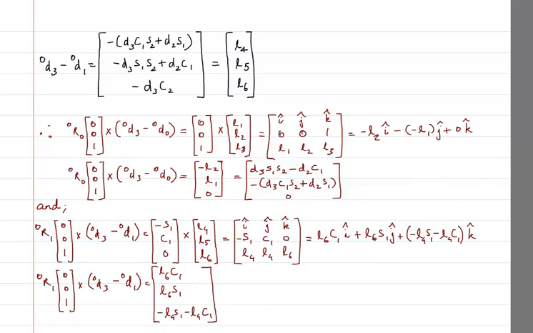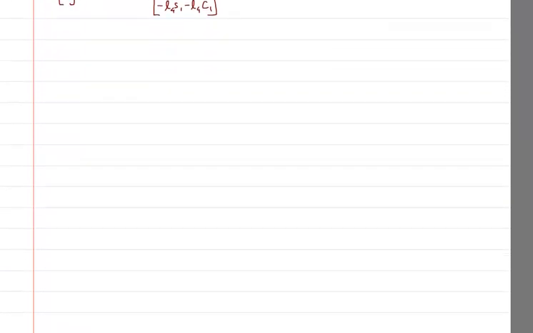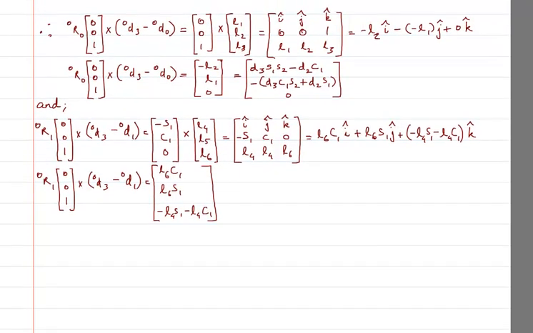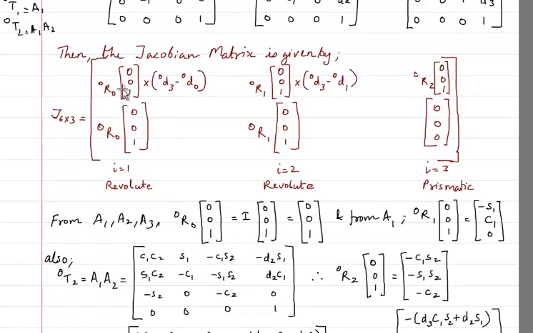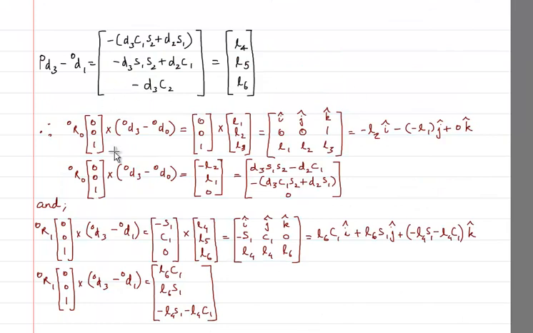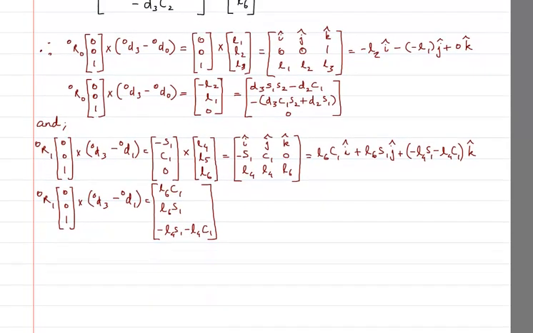Based on this, we can now write the Jacobian matrix. I will write straight away from here. The equation that is given, this portion is already done, this one is written as 0 0 1.